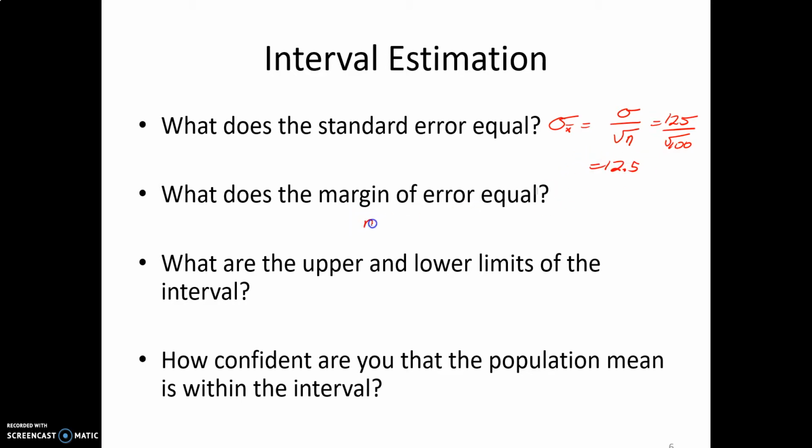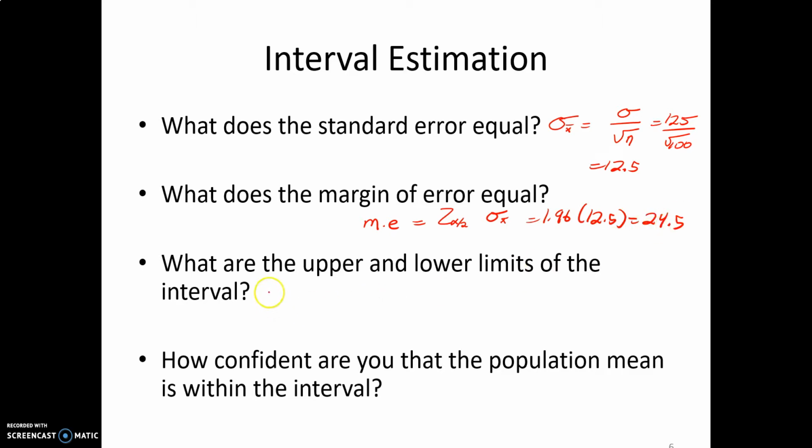The margin of error, which I'm going to abbreviate ME, sometimes it's just abbreviated E for error, is basically the Z value times the standard error, the population standard deviation over the square root of the sample size. So this would be 1.96 times 12.5.